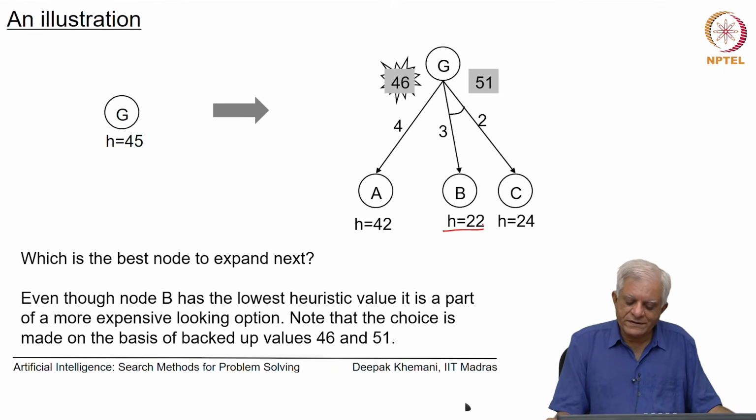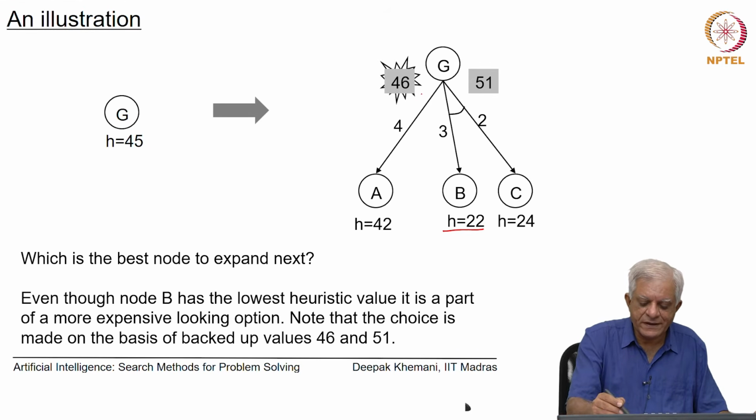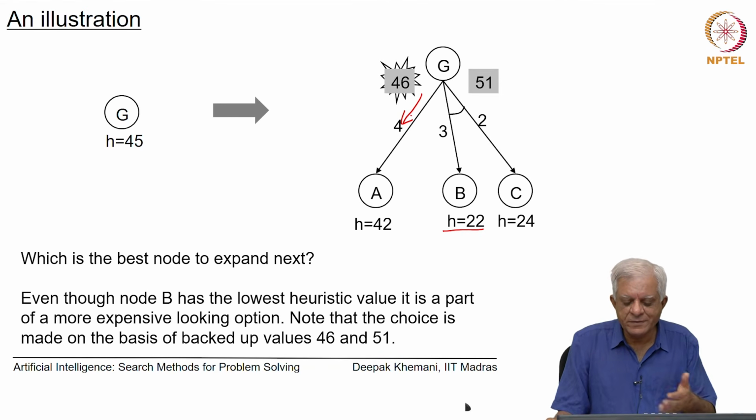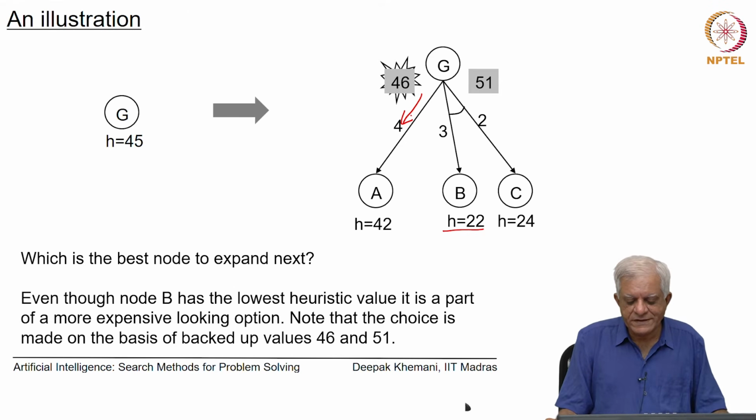Whereas, if you refine the node A, it has an estimated cost of 42 plus the edge cost of 4, and therefore, the total cost is 46. So, you can see that this is the best choice, and this should be marked as the best choice. In this diagram, I have marked it using this explosion kind of figure, which says that this is the choice you should make.